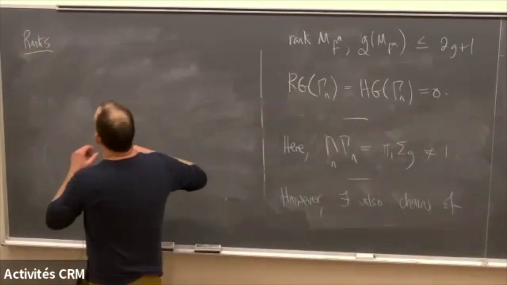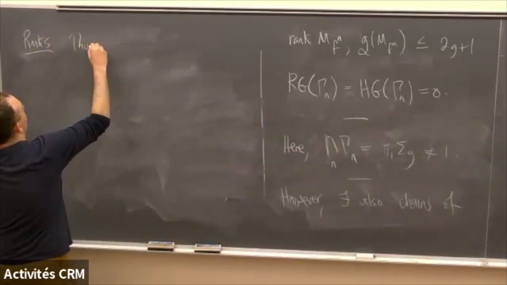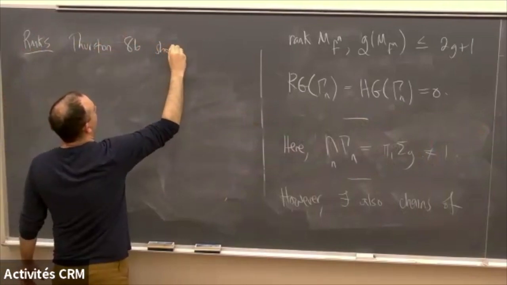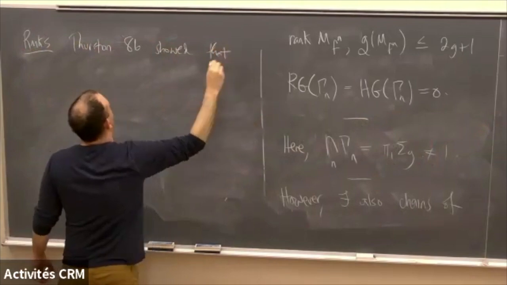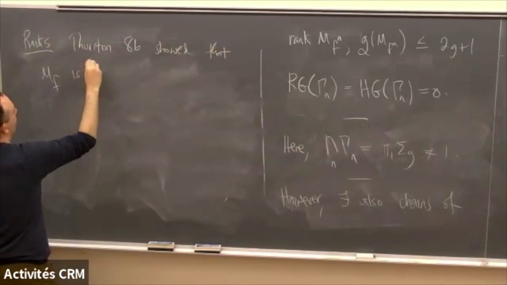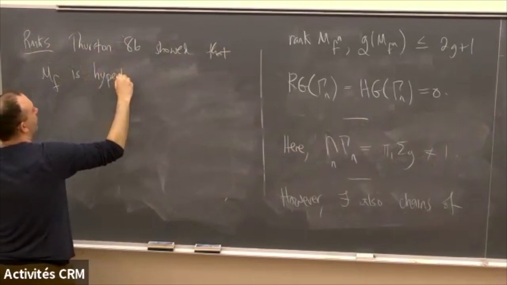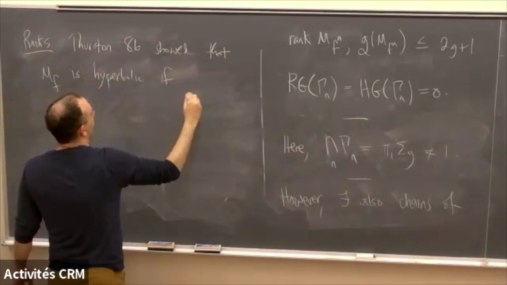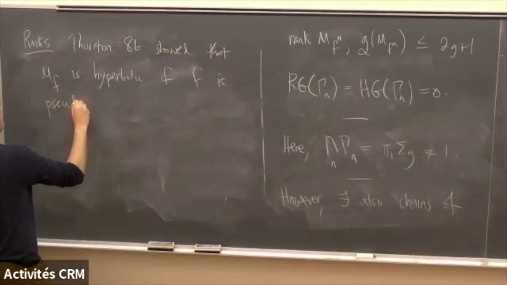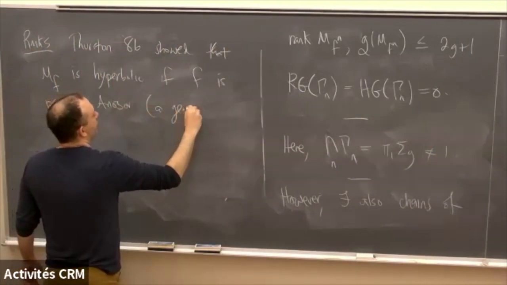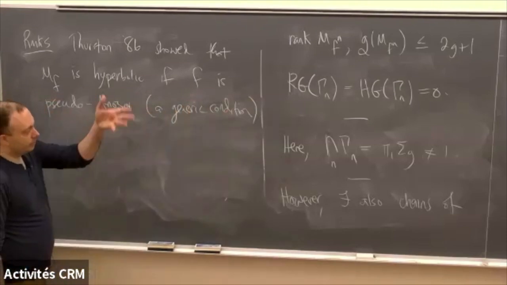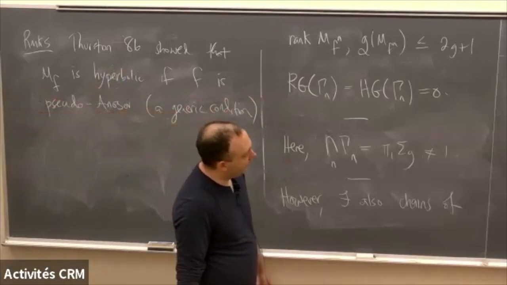So Thurston, and I guess the paper is from '86, showed that M_F is hyperbolic, so it admits a hyperbolic metric, if F is what's called pseudo-Anosov, which is a generic condition. Okay, so there are hyperbolic mapping tori in particular.